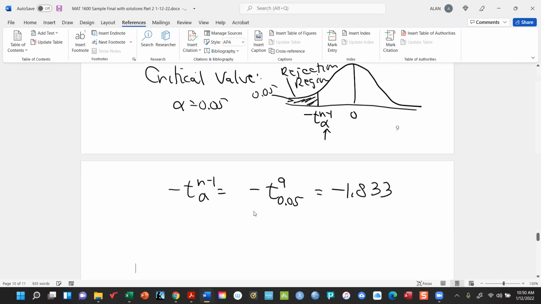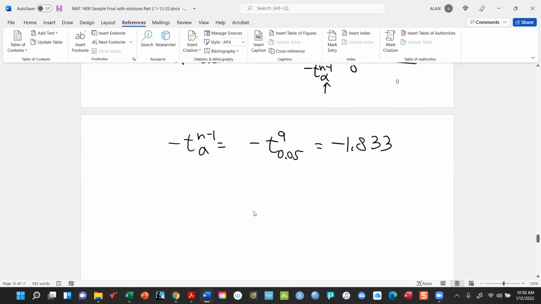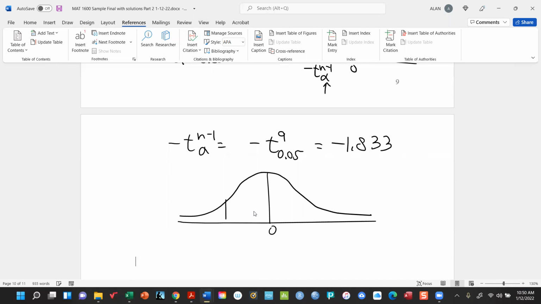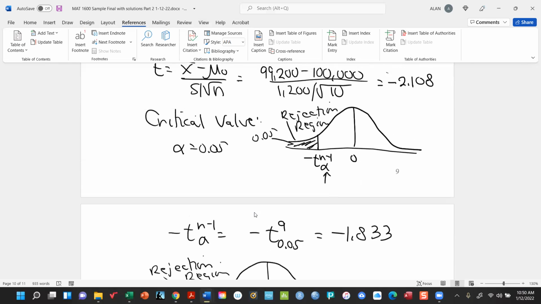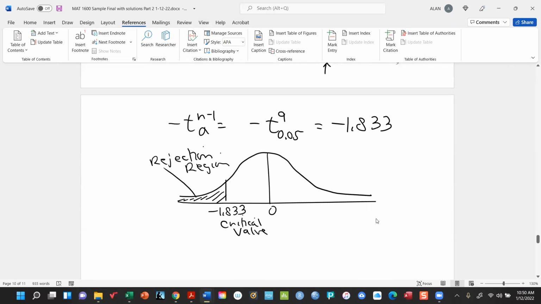So now we can draw our diagram. So this is our critical value, of course. But the test statistic, remember, was negative 2.108. So that puts it safely within the rejection region.